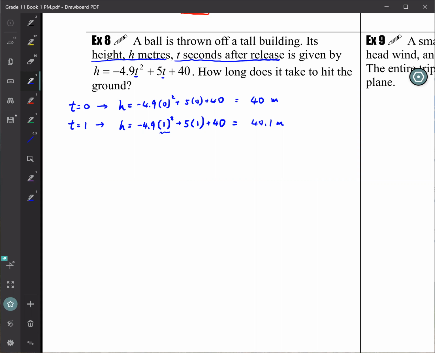Because what's happening to the ball? It's falling, yes. So the height should be smaller and smaller. It cannot be higher than before. At the beginning, it was 40 meters. After 1 second, it should become less. Or wait, maybe it's going upwards.